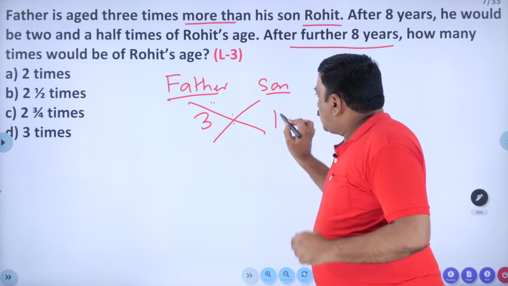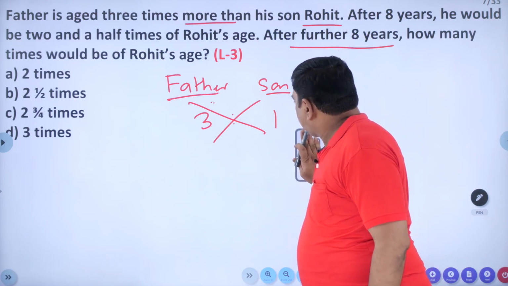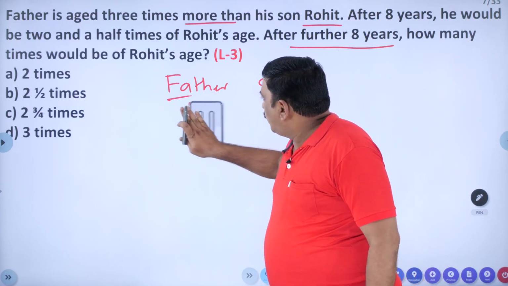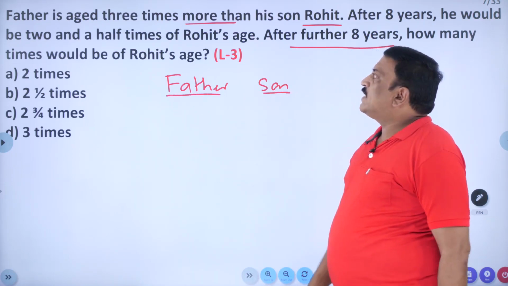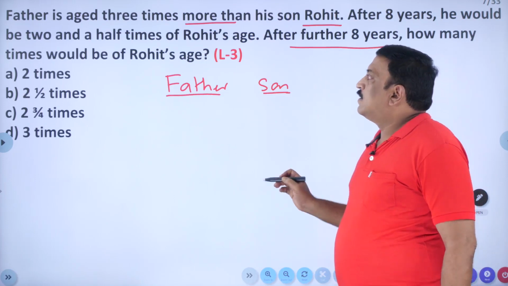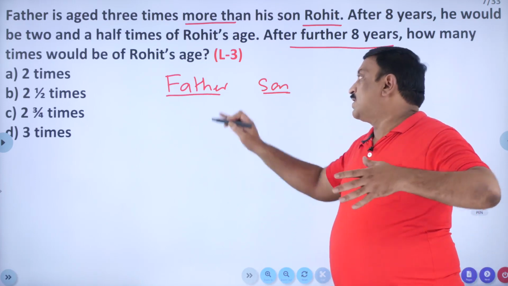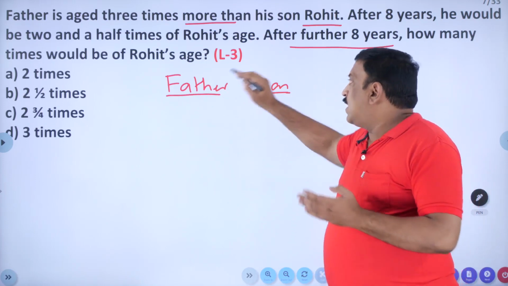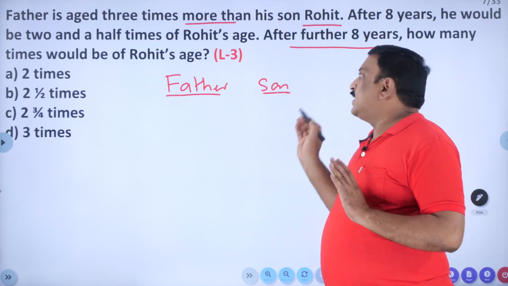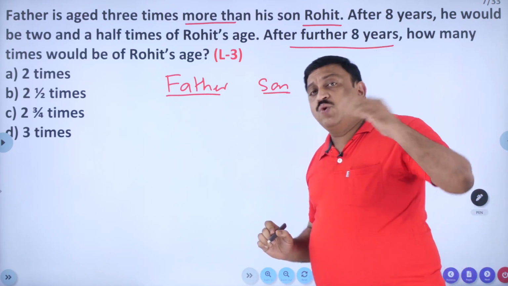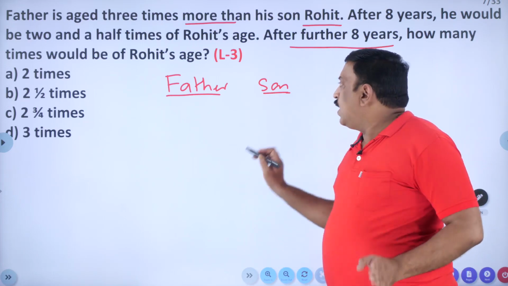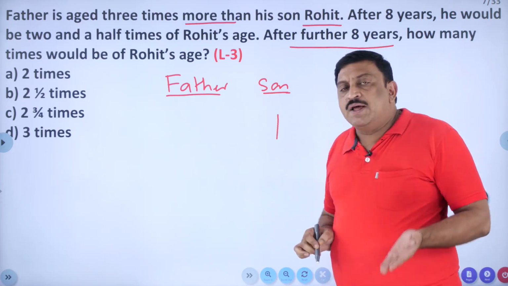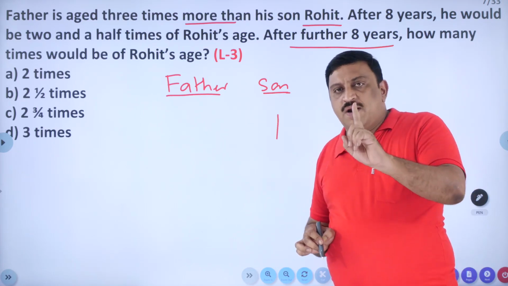Understood? Definitely you didn't understand. Okay. Here, when a person is comparing with another person, father and son, 3 times more than his son. Father is compared with whom? With the son. So in ratios, whenever comparison is there, the compared person is taken as 1 in the ratio.